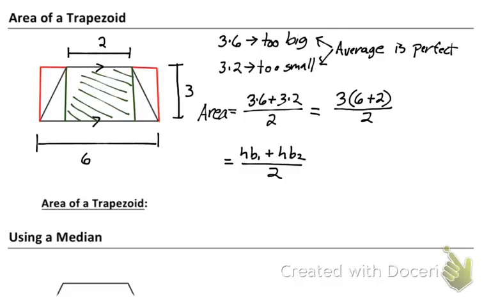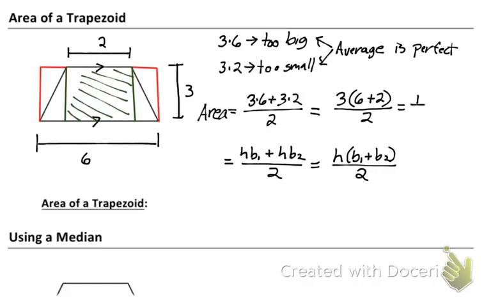I'm still taking the average, and I'm multiplying by the height. In more symbolic terms, that would be height times base 1 plus base 2, over 2. The last way I'm going to rewrite that is I'm going to pull that 1/2 out front.